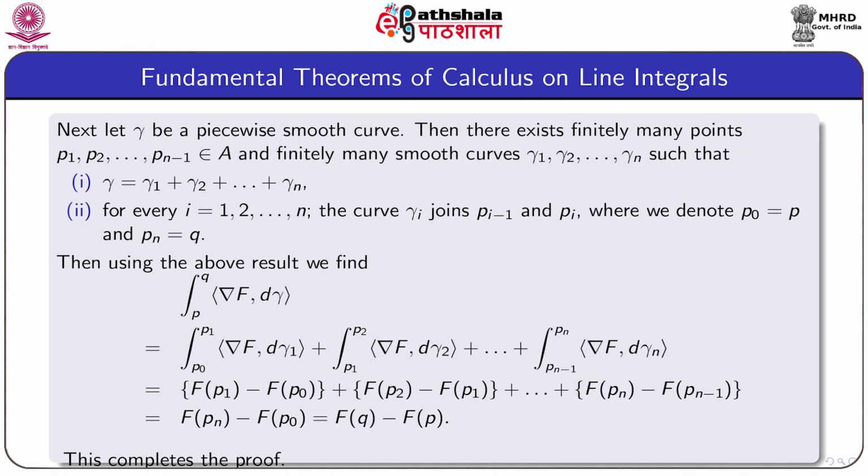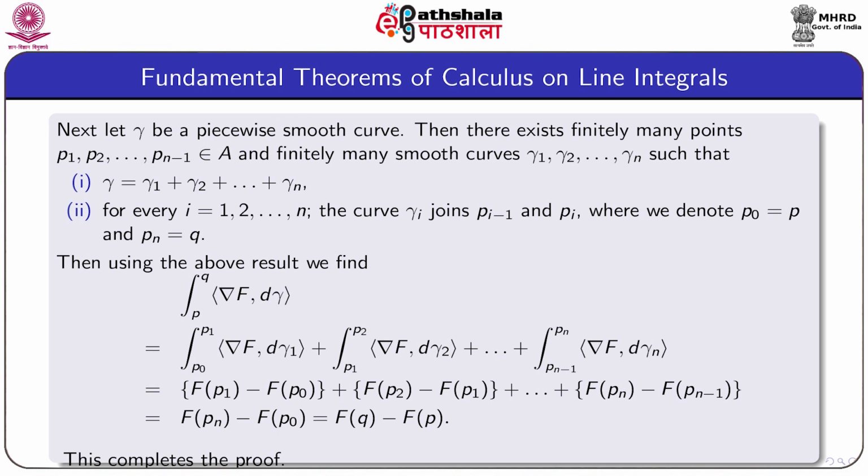Next, let gamma be a piecewise smooth curve. Then there exist finitely many points, say p1, p2, continued up to p(n minus 1), all of them in the set A, and finitely many smooth curves gamma 1, gamma 2, up to gamma n, such that gamma is the join of the curves gamma 1 plus gamma 2 up to gamma n.